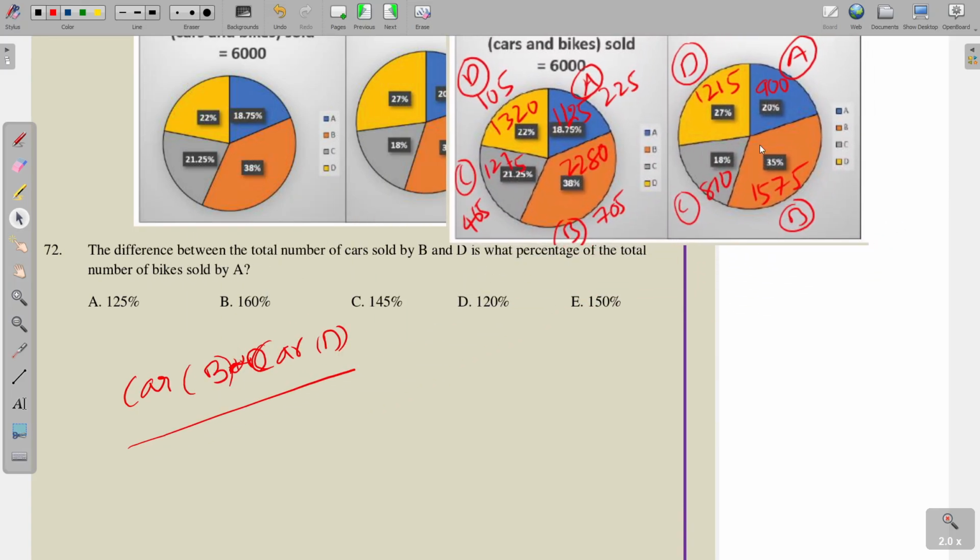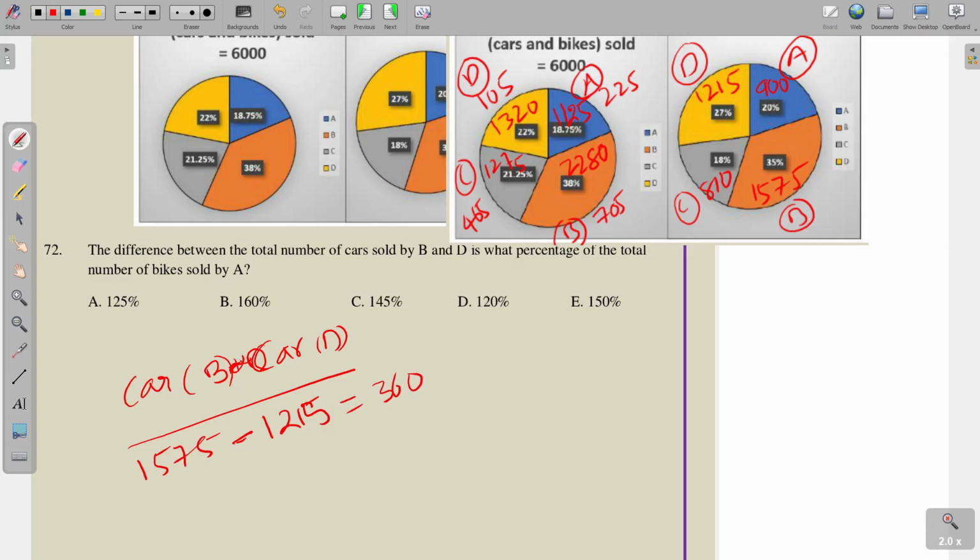See this information. Now, cars sold by B is 1575 and cars sold by D is 1215. The difference is 360.